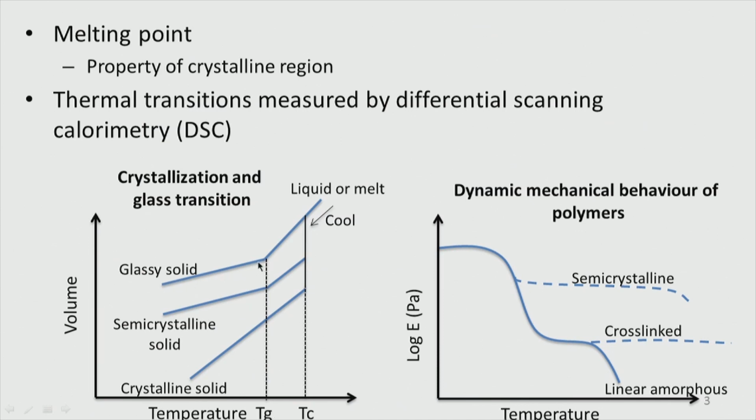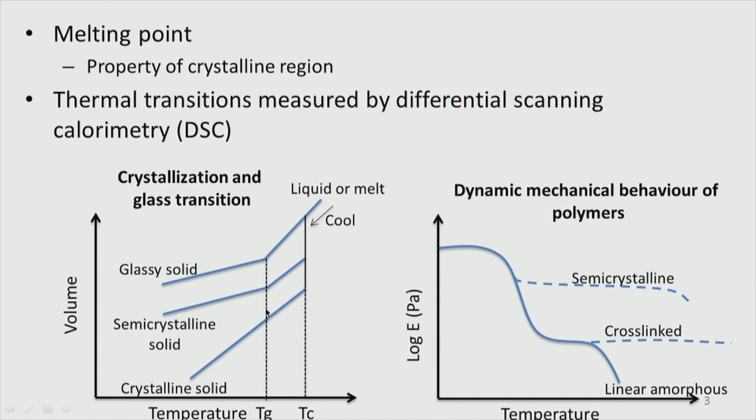Similarly, for glassy solids you have the Tg here. The dynamic mechanical properties also start going down. For semi-crystalline, cross-linked polymers, as the temperature is increased, the modulus E can also start decreasing. That is why temperature is very important.